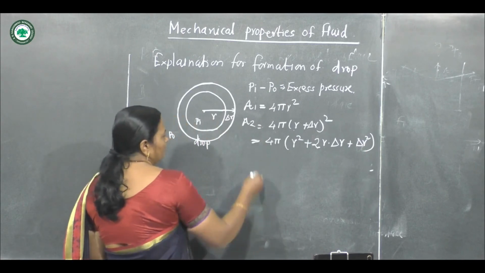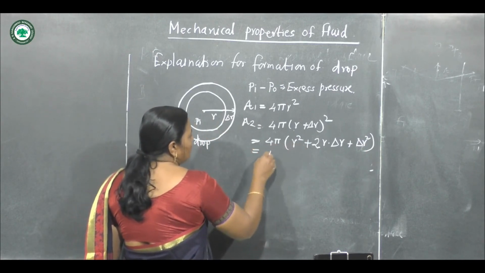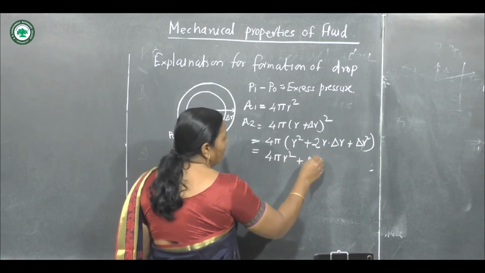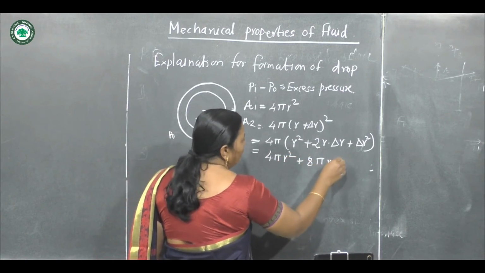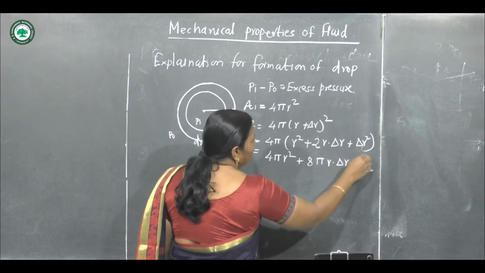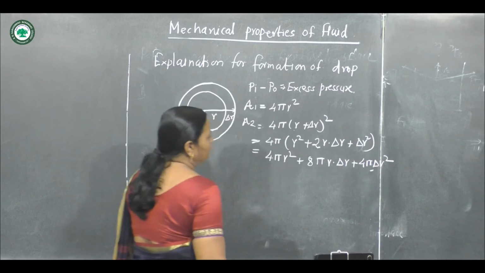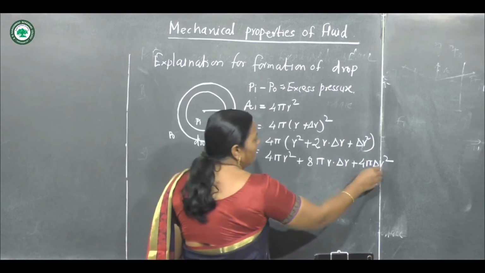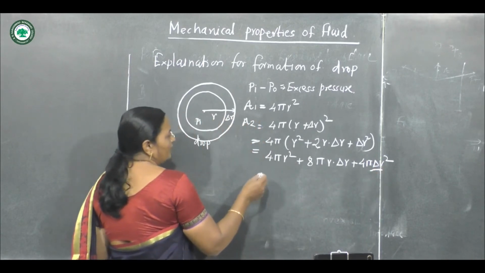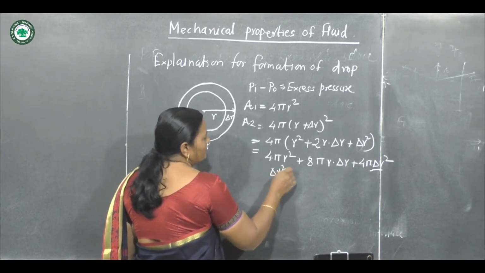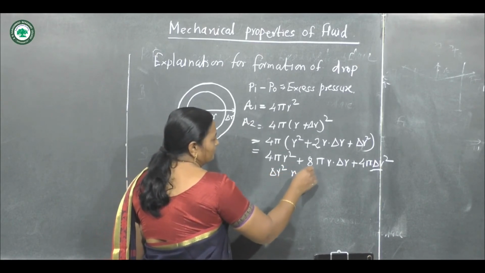Arranging the equation, 4 pi r square plus 8 pi r delta r plus 4 pi delta r square. Delta r is very small, thus delta r square is neglected.